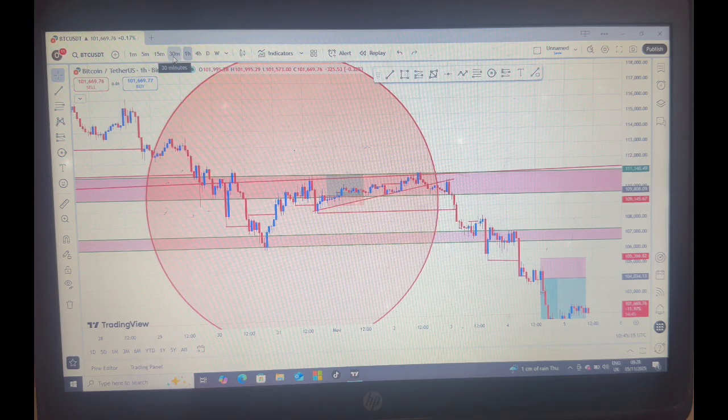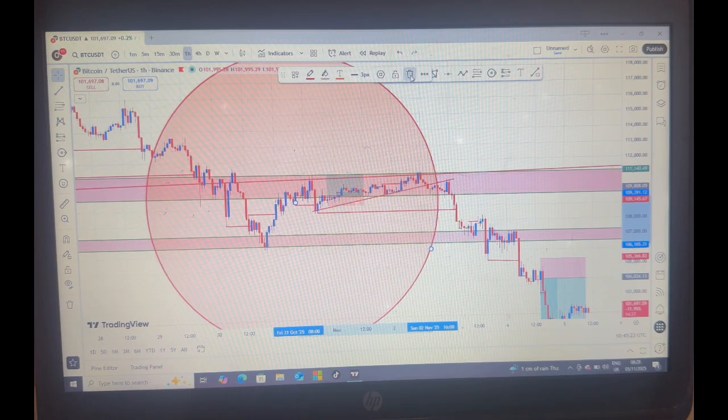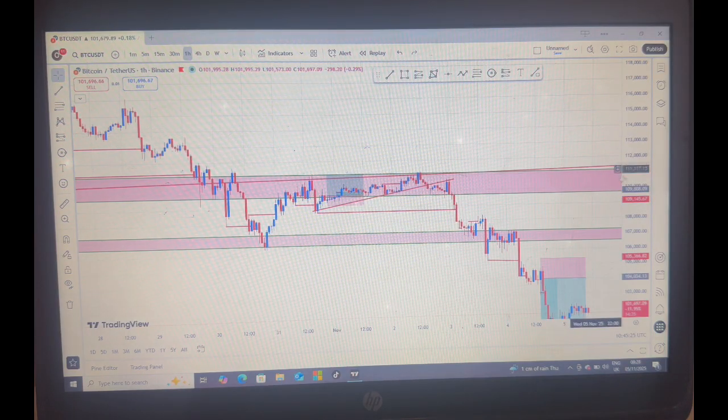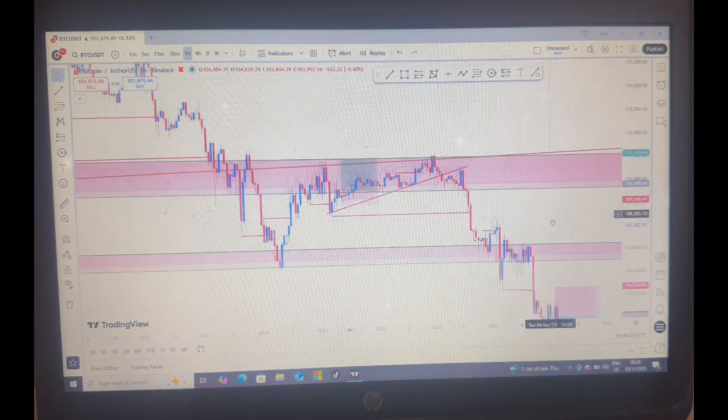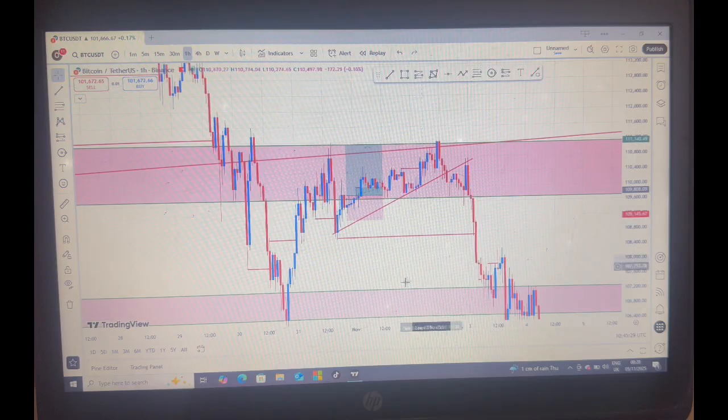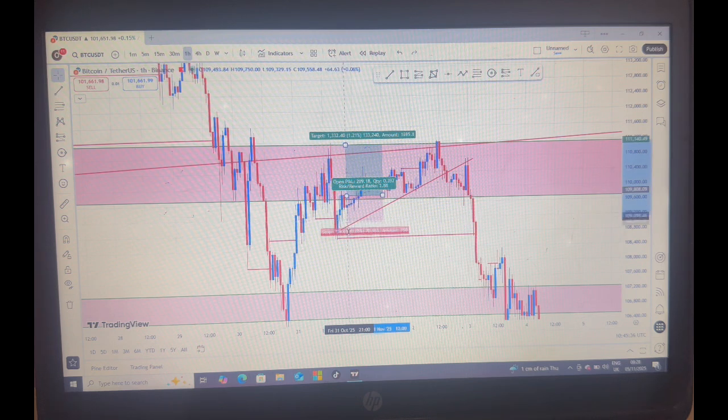Because if it's on a 1 hour time frame, my stop loss wouldn't be here. Let me remove this circle so it's clear what I'm talking about. If I was to buy on a 1 hour time frame after this reversal and this break, my stop loss should be somewhere around here, because I want to put it on the next zone.